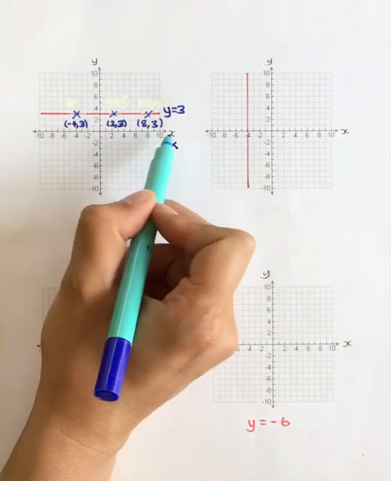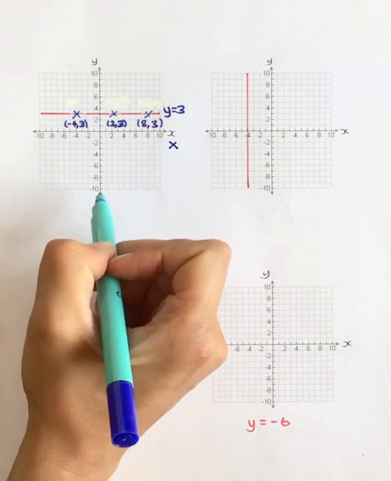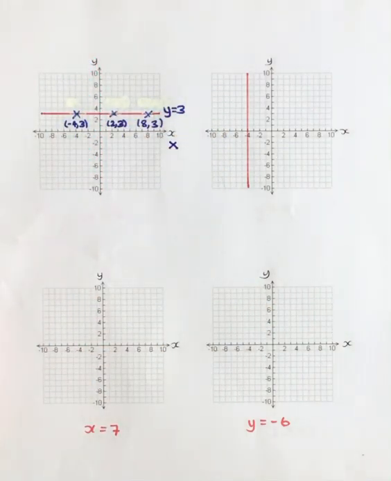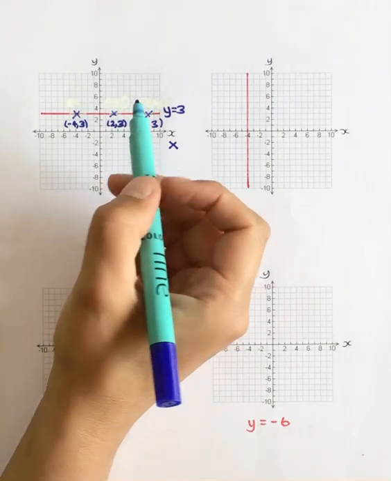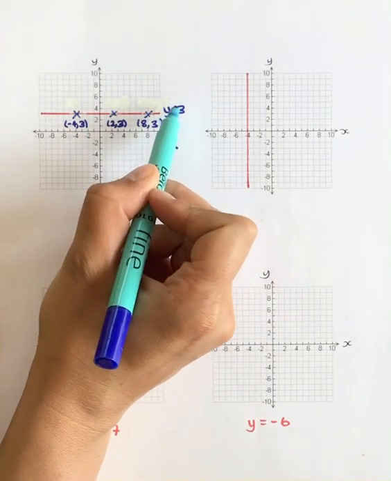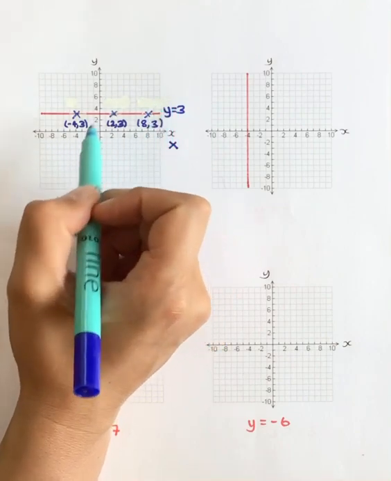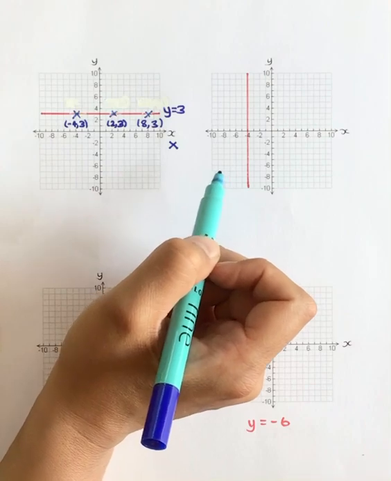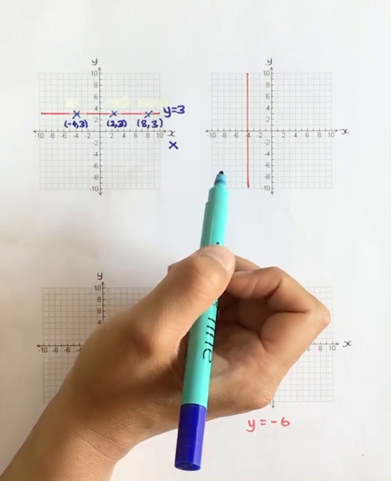So the x-axis is a cross, and the y-axis goes up to the sky, y to the sky. So this line here goes through the y-axis at 3, so it's the line y equals 3. Remember, this cheat only works for horizontal and vertical lines. It doesn't work for diagonal lines.